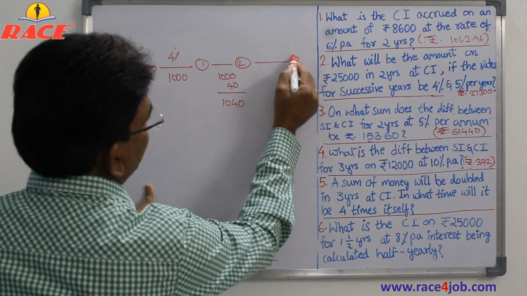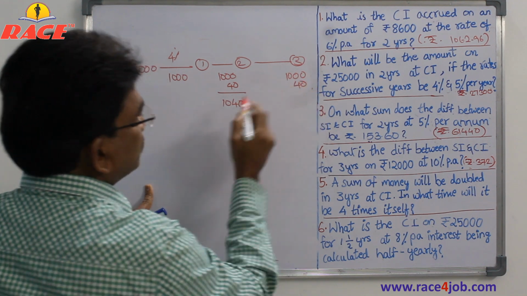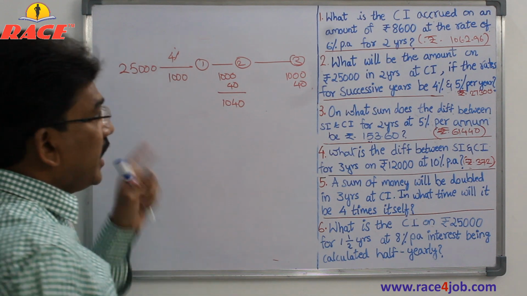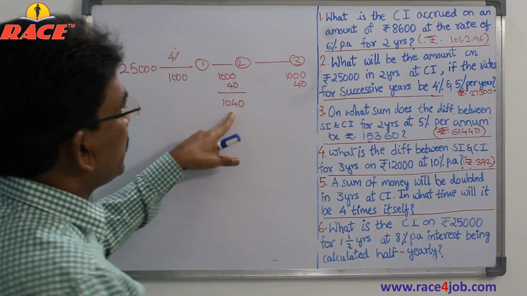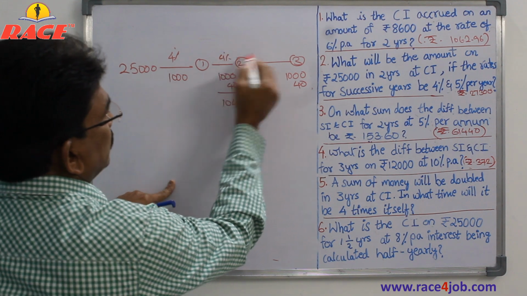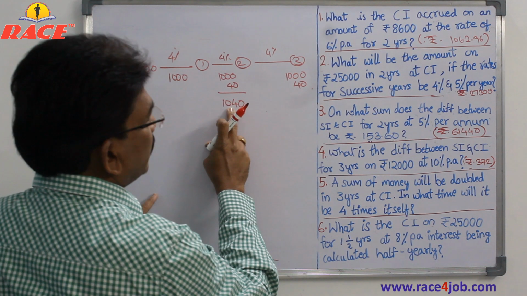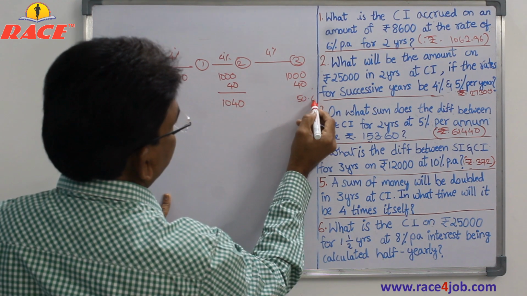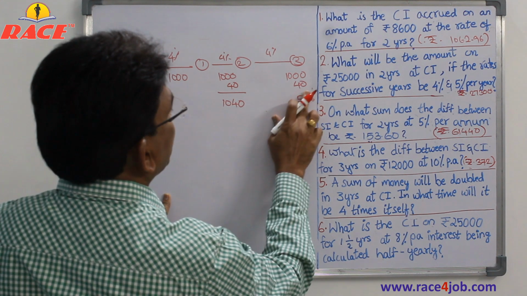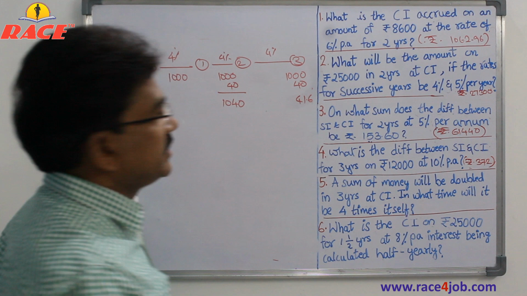And what about the third year interest? So we get 1,000 rupees, we get 40 rupees, the second year interest as it is. And the third year extra is interest on 1,040. 4% interest on 1,040. 1% of 1,040 is 10.4, so 4% means 41.6.